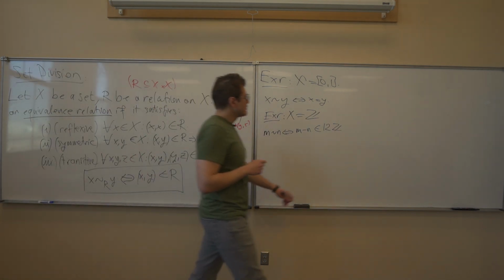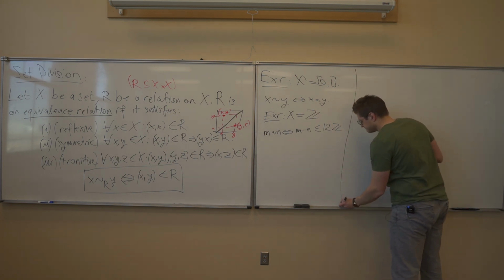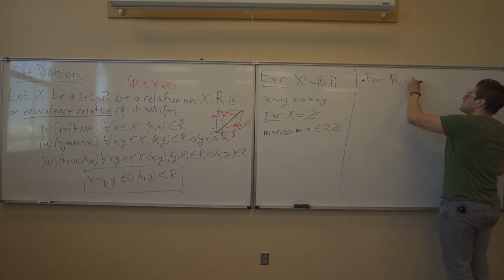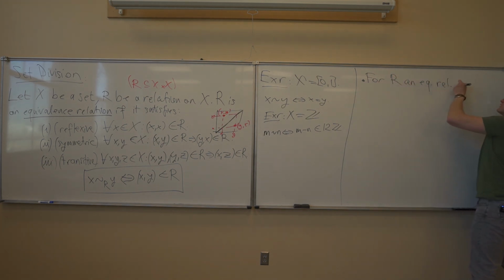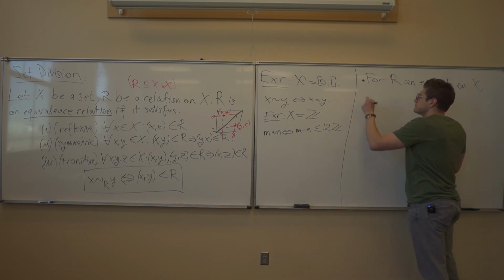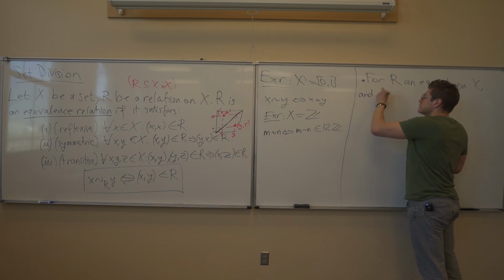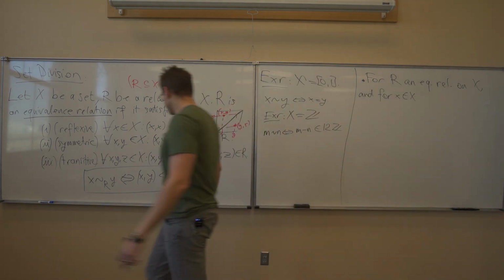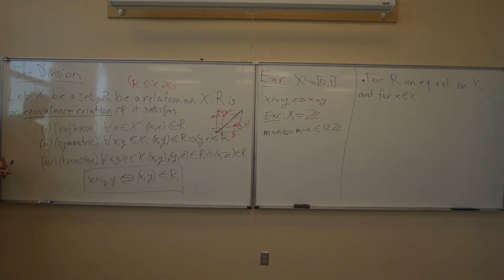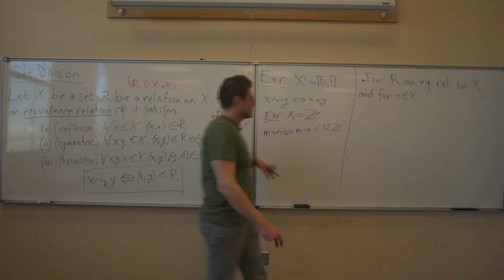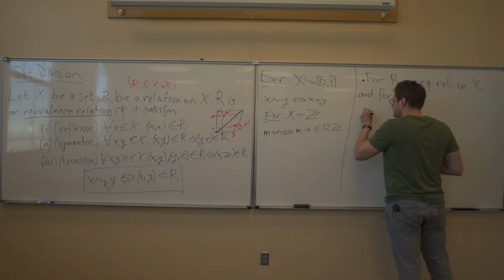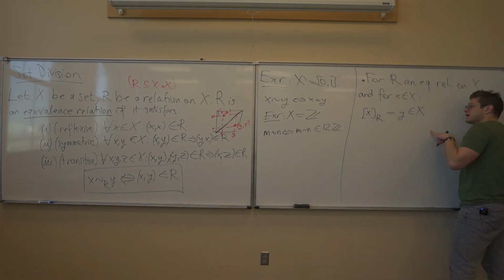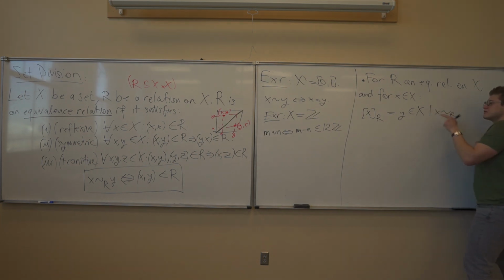Once you have an equivalence relation R on X, and for x in X, I'm going to denote the set of all those points that are related to x under R as x bracket sub R. So x bracket sub R is the set of all those points y in X such that y is related to x.